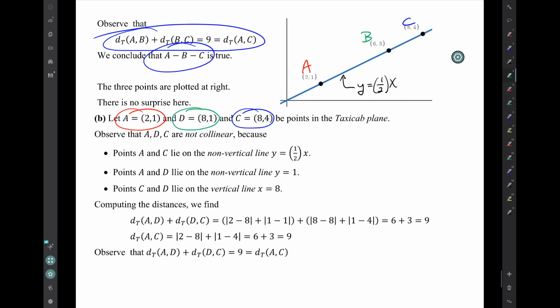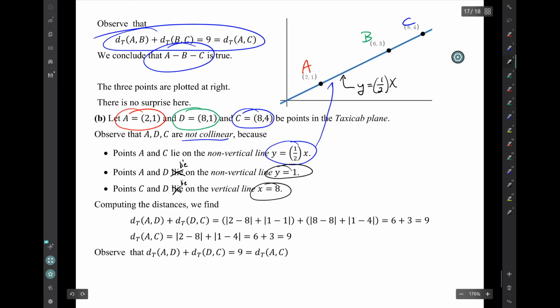Notice that those points are not collinear because A and C lie on this line that's shown here, but A and D, this should say lie, they lie on the non-vertical line y equals 1. It's a horizontal line. And C and D lie, this is another typo, on the vertical line x equals 8.